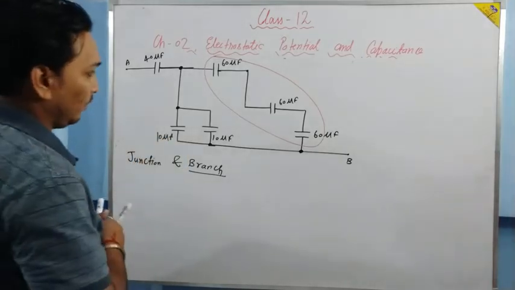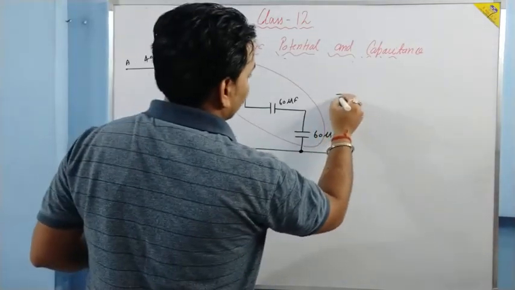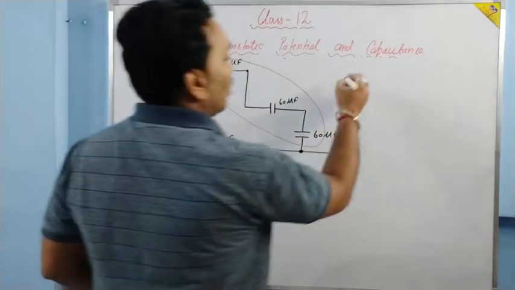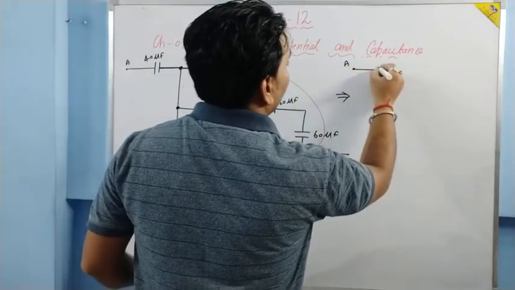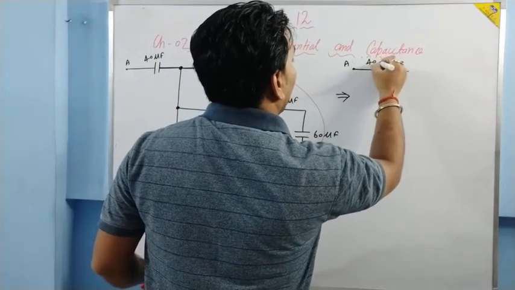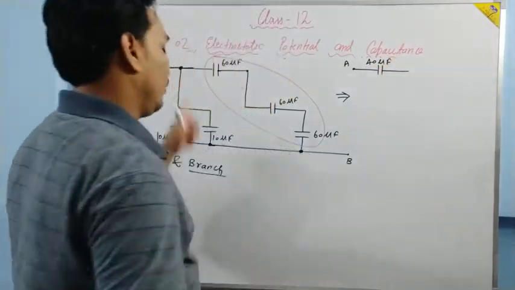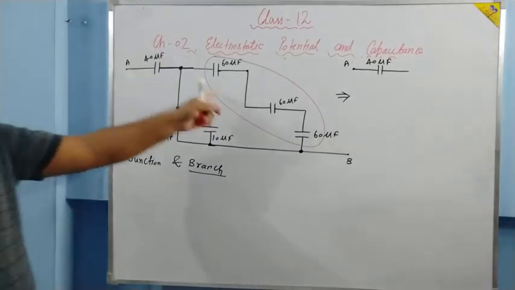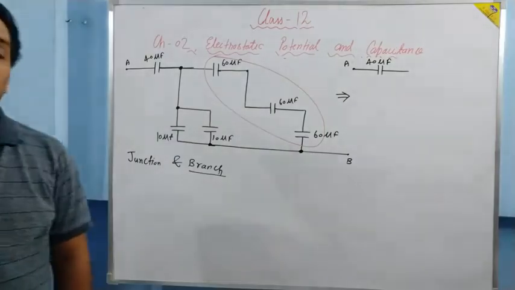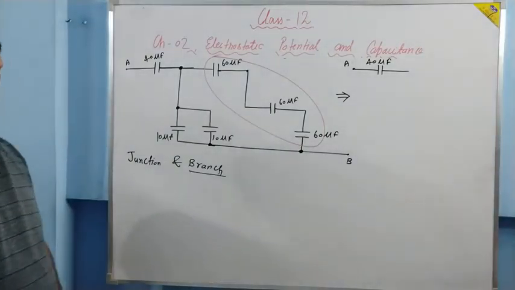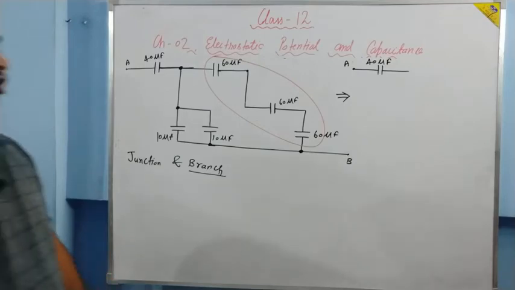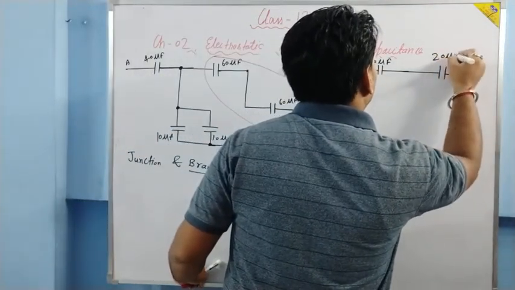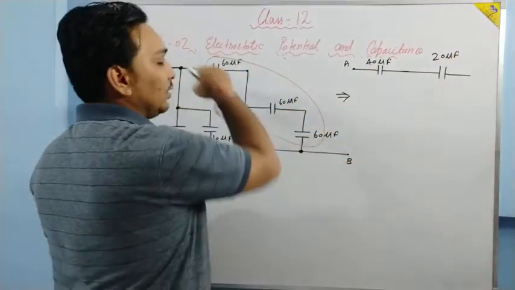Is it clear? So if we reduce this circuit, it will be like this: this point is A. From A we have a capacitor of 40 microfarad. Then three capacitors, each of 60 microfarad: 1 by 60 plus 1 by 60 plus 1 by 60 is 3 by 60, which is 1 by 20, and the reciprocal gives 20 microfarad in place of these three.